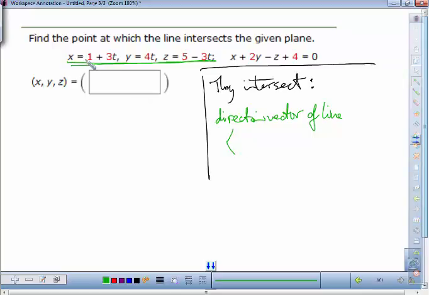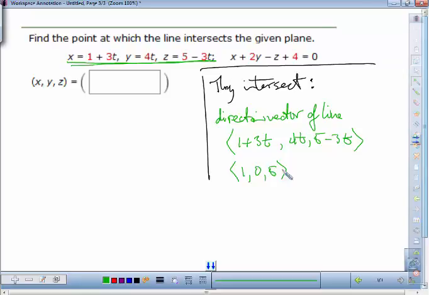What we're going to do is we're going to write it into one vector with each of these components, 1 plus 3t, 4t, and 5 minus 3t. And then we're going to kind of separate these things into pieces. I'm going to find all the coefficients of t and then factor that out. I'm going to find all the numbers that don't have a coefficient of t and then separate it as its own vector.